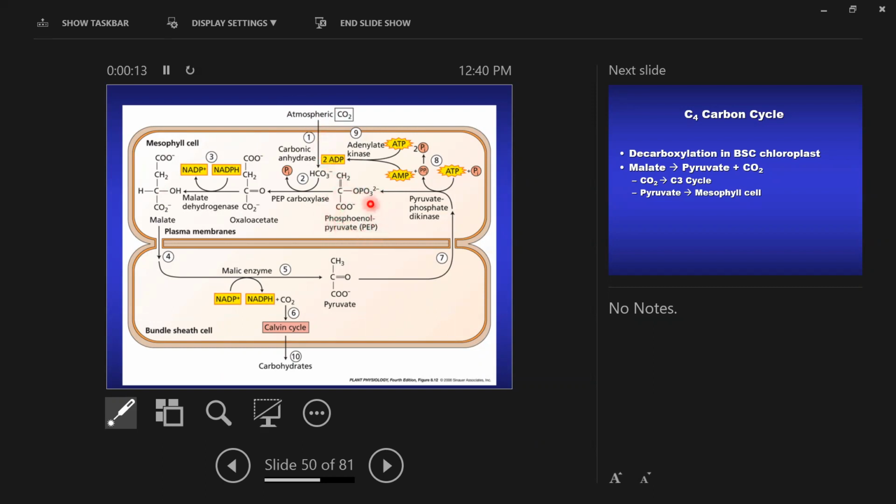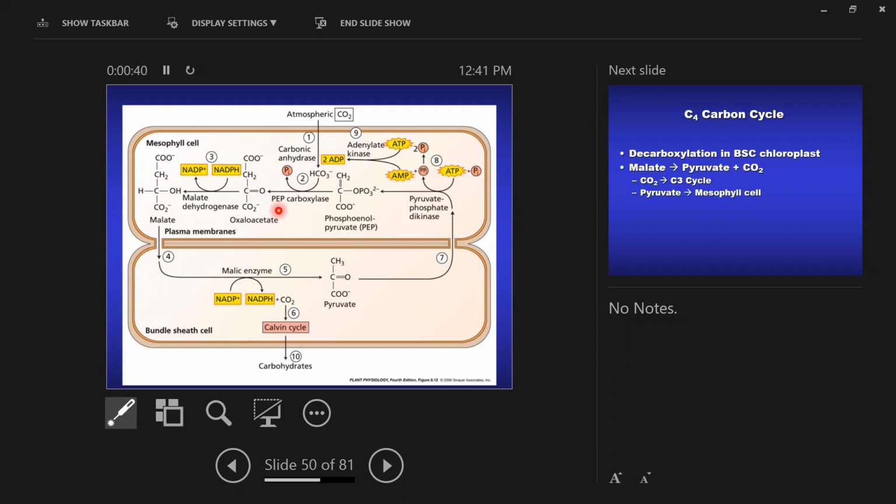That's PEP, the 3-carbon molecule that's going to get the carbon dioxide attached to it. PEPcase, on the other hand, stands for PEP carboxylase. I would probably put it on the exam as PEPcase.